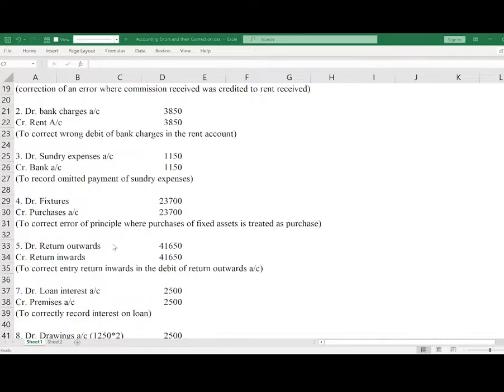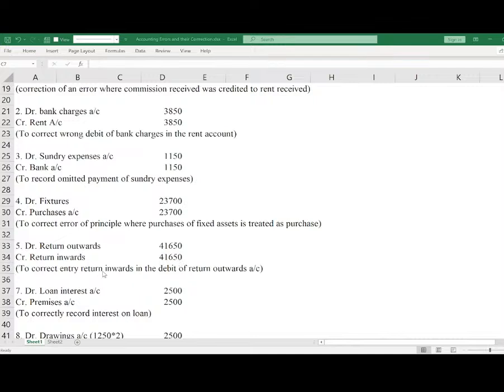So here we are going to correct it. The return inward had been entered in the debit side, so it is going to be credited, where the return outwards should be debited. So return outwards we debit, and return inwards we credit, for the same amount.